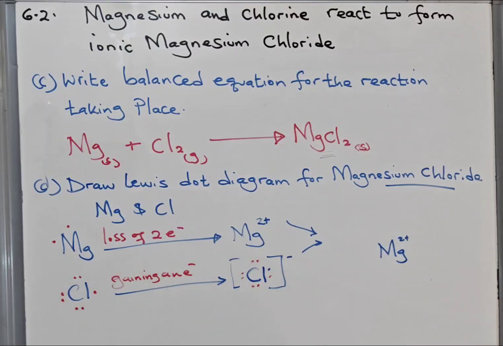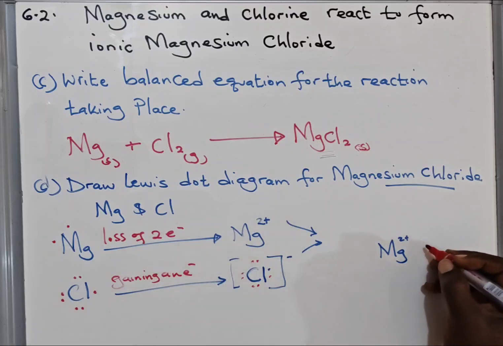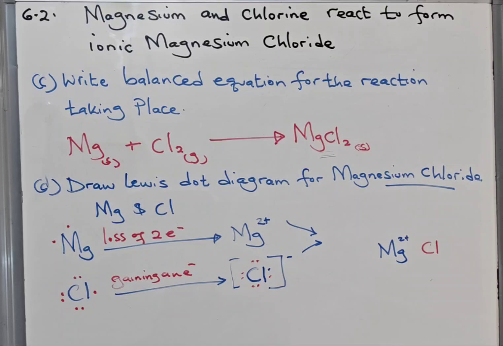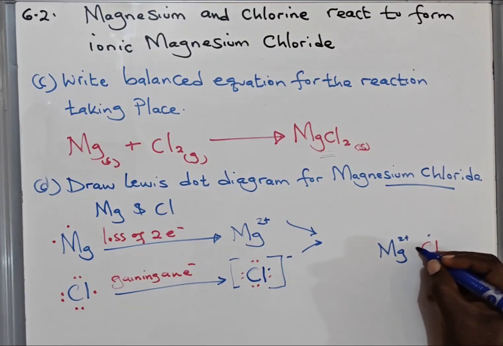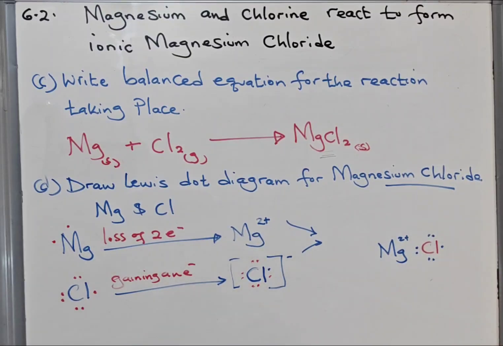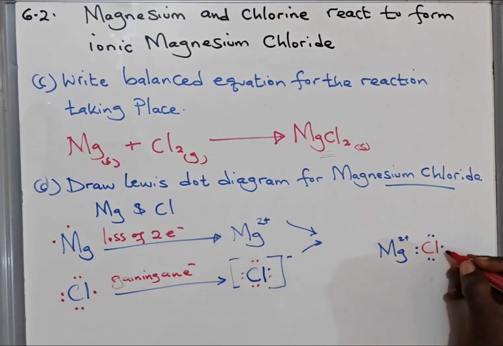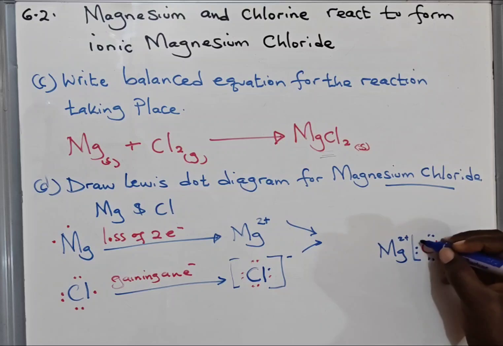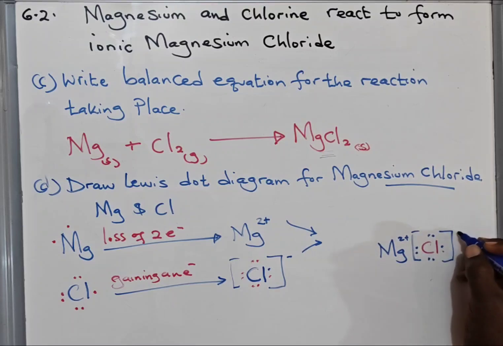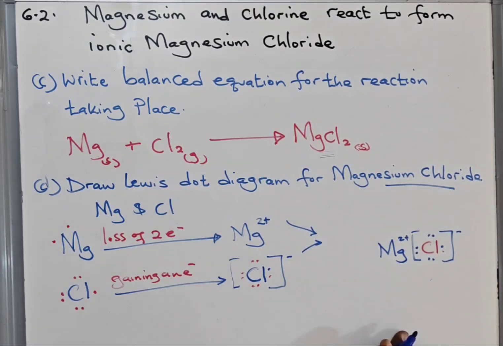Then we can bring our chloride ions. You can put 1 this side, which is Cl, and indicate all the electrons, 1, 2, 3, 4, 5, 6, 7. And we remember it gained 1 more, so you can put it there. Then conventionally, we put a bracket on this, and a negative there.